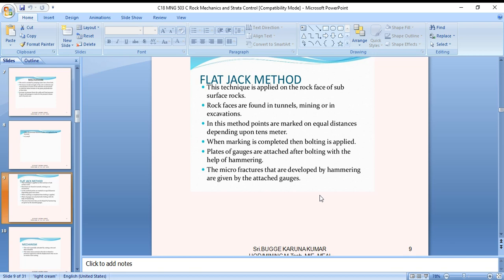So, coming to strain or stress relief, the distinction between absolute and relative measurement has a special significance in rock mechanics. Most engineering structures are generated from materials that are initially unstressed.